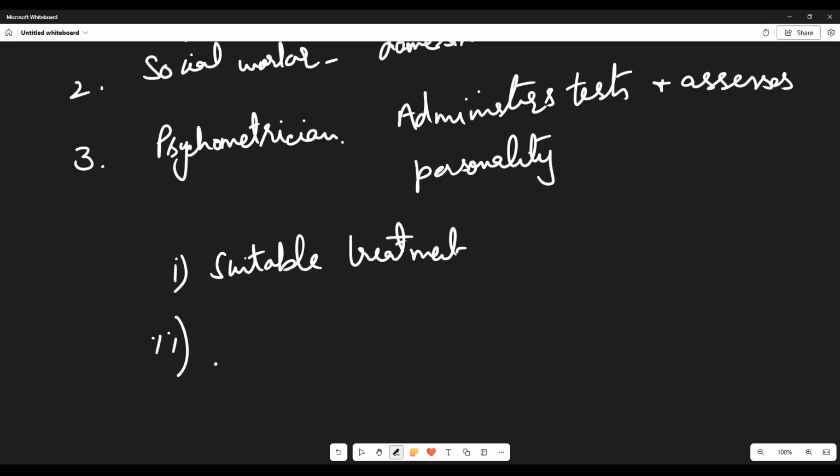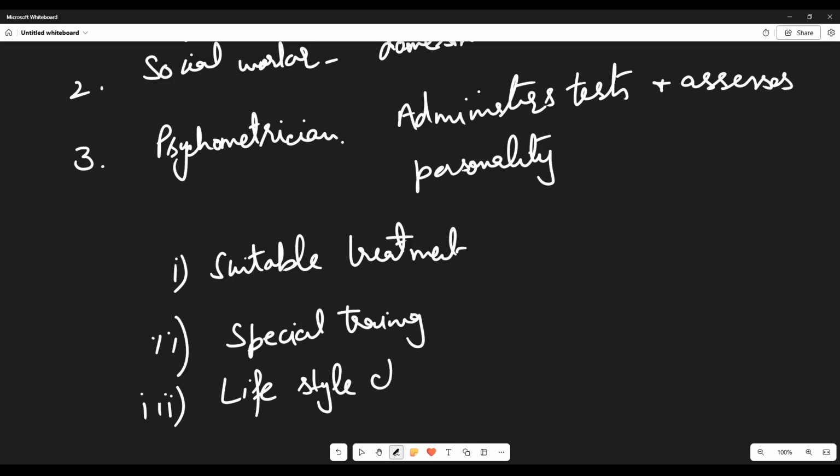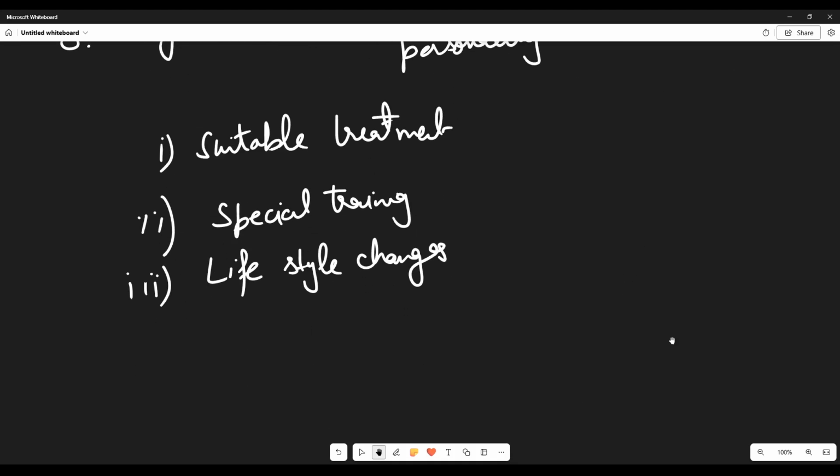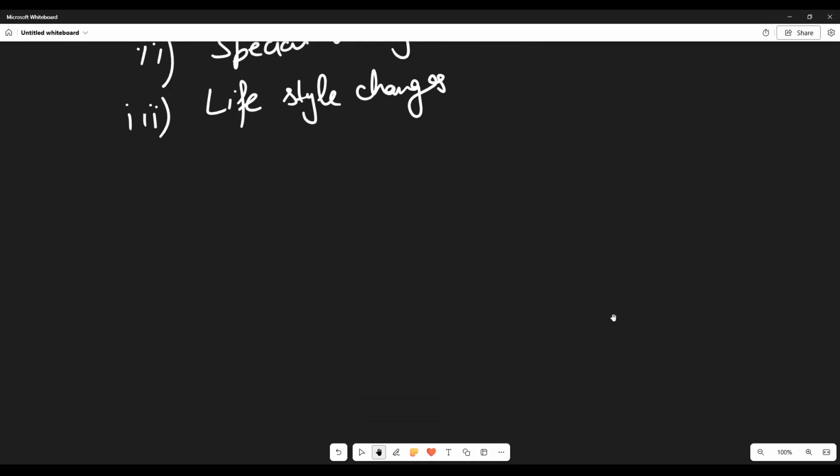Number two, some special training is advised for the adjustment of the individual, or number three, lifestyle changes are recommended. All these things are done to make the adjustment of the individual better.